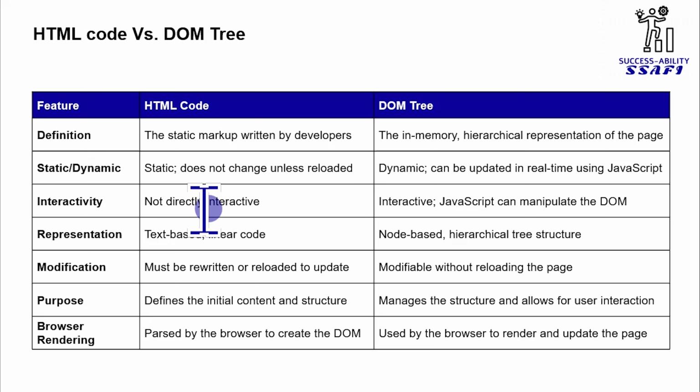So the HTML code on its own is not directly interactive and it is text-based. It's just a bunch of text and characters and it's linear code, right? So the modification must be rewritten or reloaded to update the content.